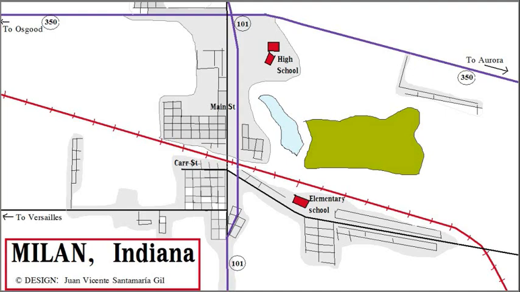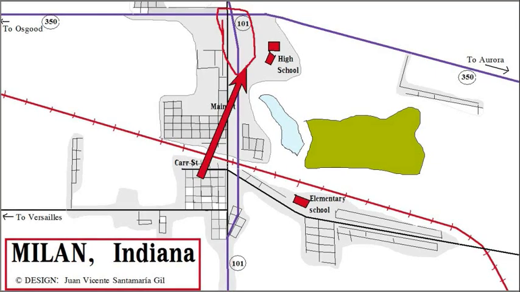But this fact has affected the urban structure of Milan, as the businesses have moved way north to the area of the intersection between these two bypasses.